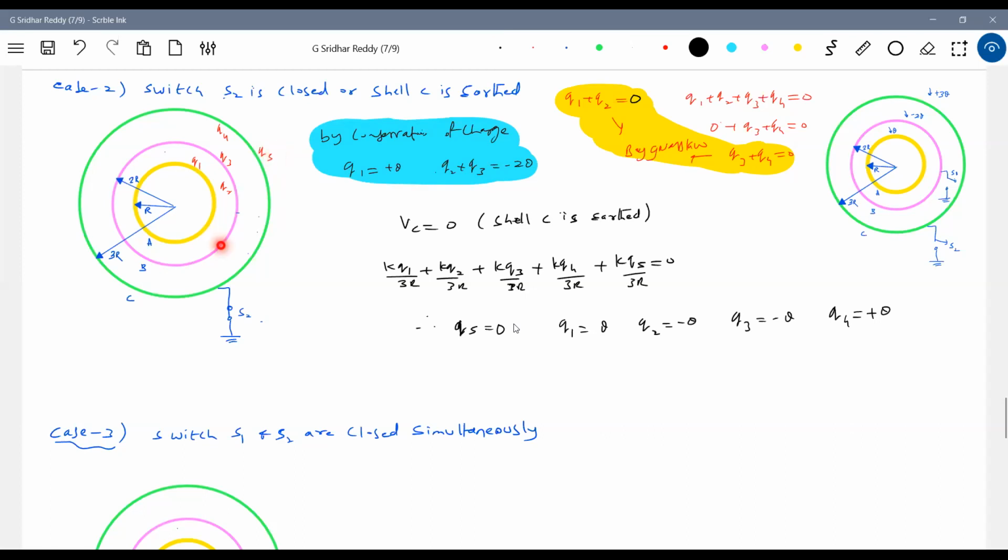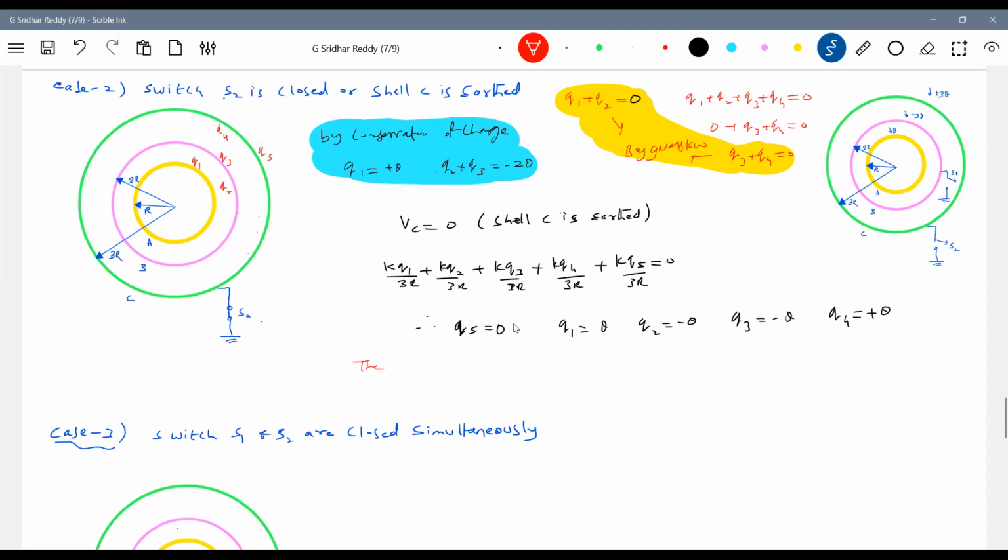But if you earth any other shell, this charge will not be 0. When outermost shell is earthed, the charge on outermost surface must be 0. You can take any number of shells.